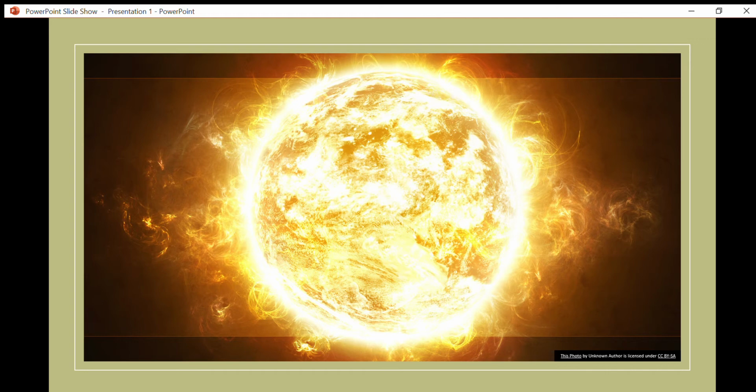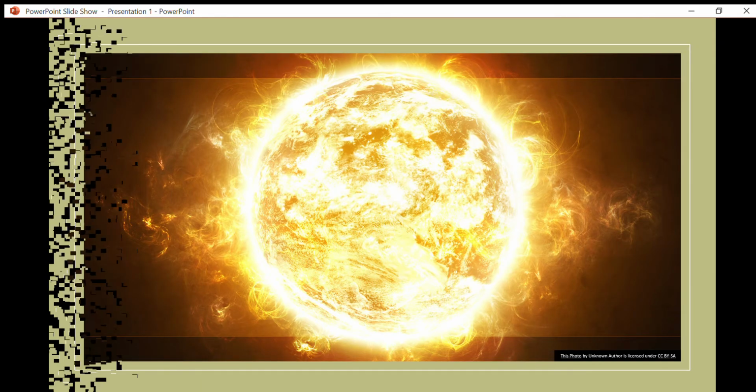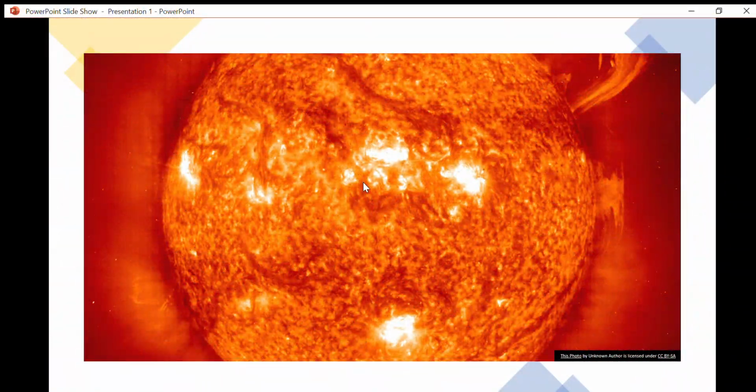So there is another feature on the sun which you can see pretty clearly in this image, which are sunspots. Sunspots are these darker areas of the sun which have slightly lower temperatures than the average sun surface.